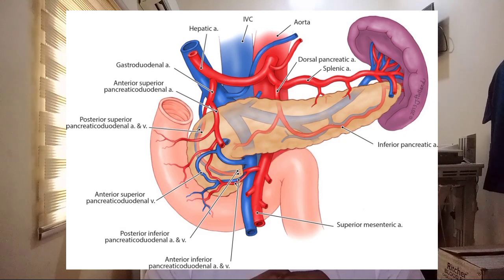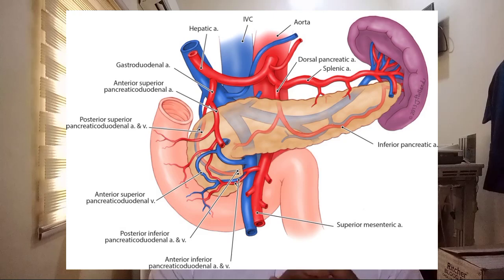It is actually an important landmark that delineates the posterolateral border of the head. The distal common bile duct is located just anterior to the IVC.